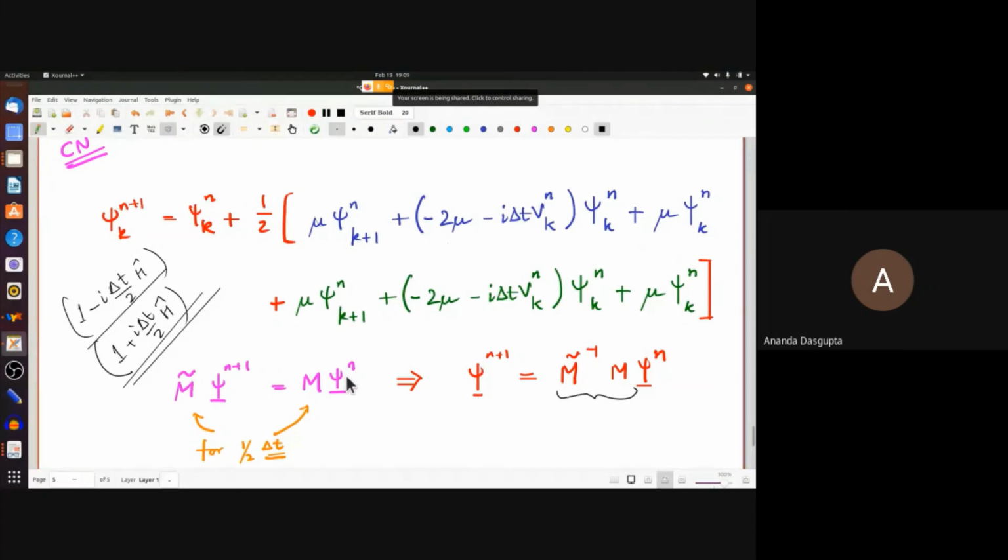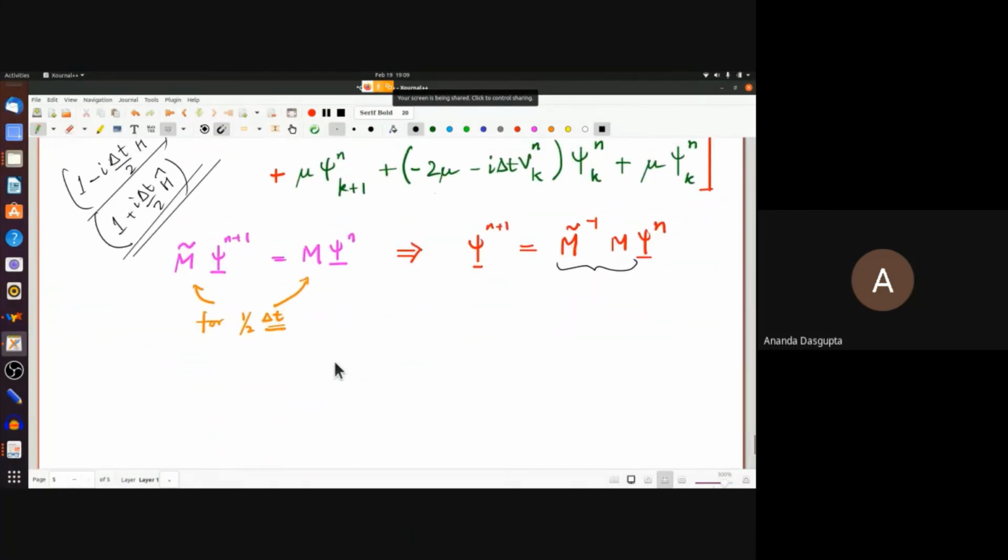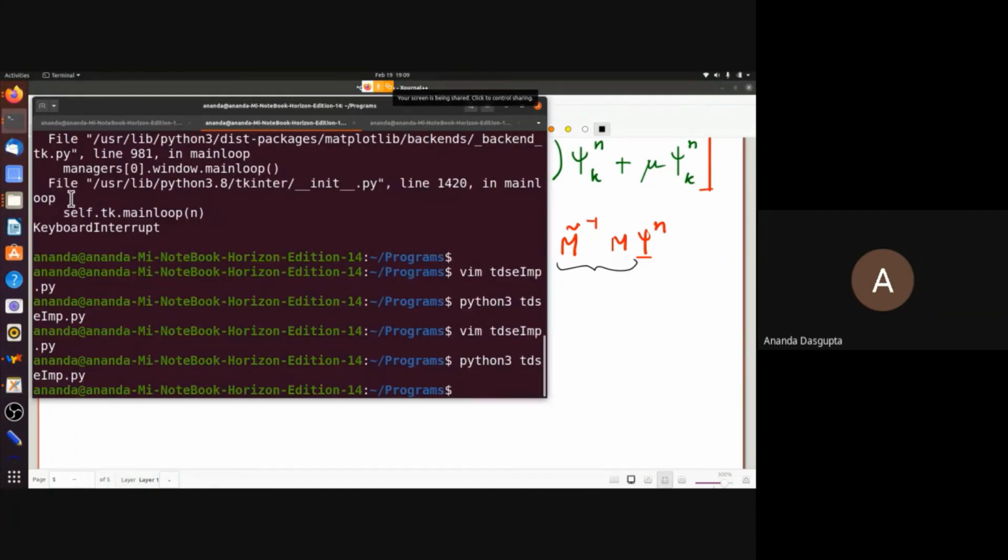Once again, matrix inversion is not the best way to do it, but it's good enough for this purpose. What I mean is there are easier, faster ways of solving tridiagonal matrix systems, which we are not going to go into. So, final algorithm.